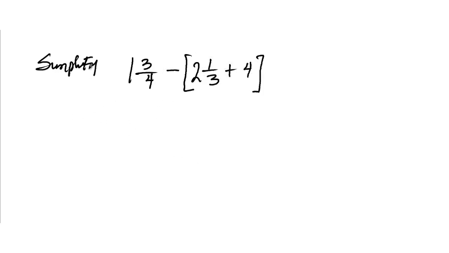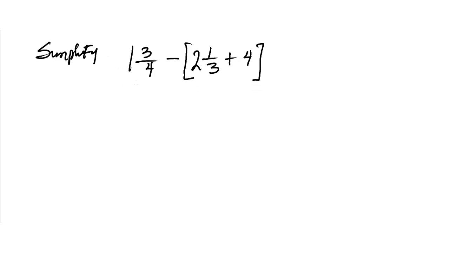Now, how do we solve this? You don't just solve it because you feel it's simple. So the first thing we need to do is to use the concept of BODMAS.